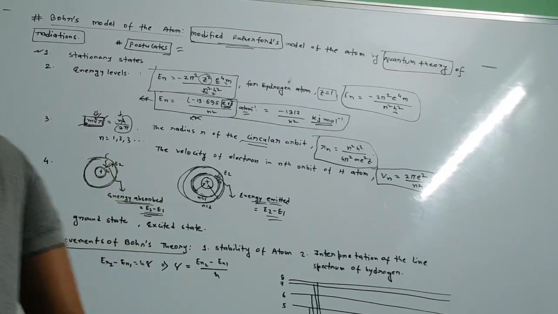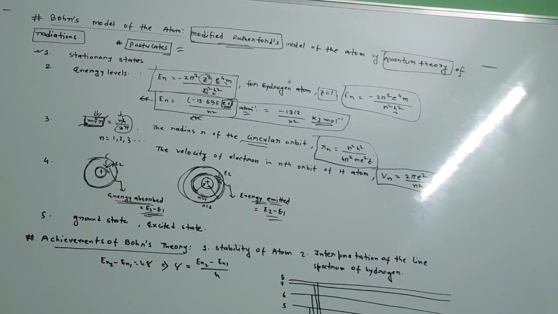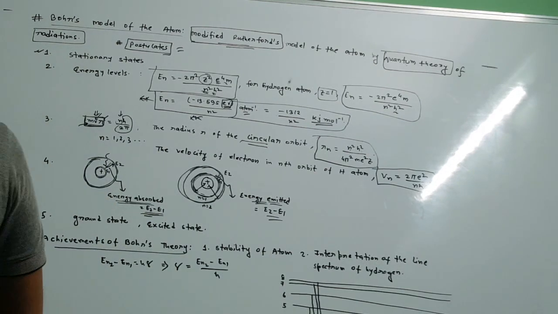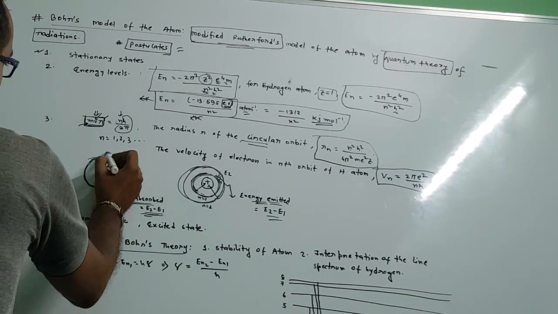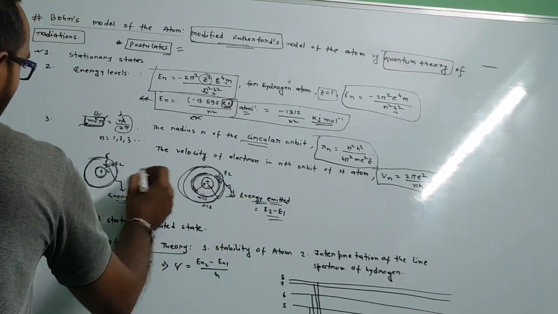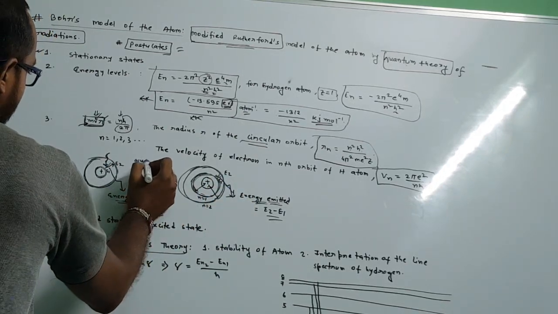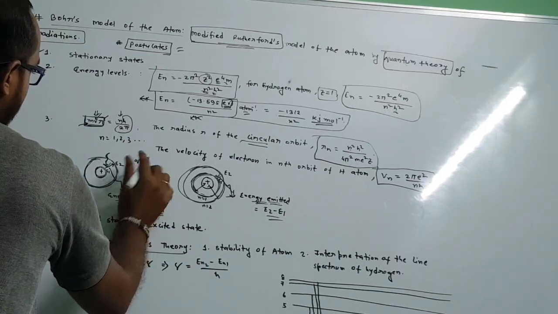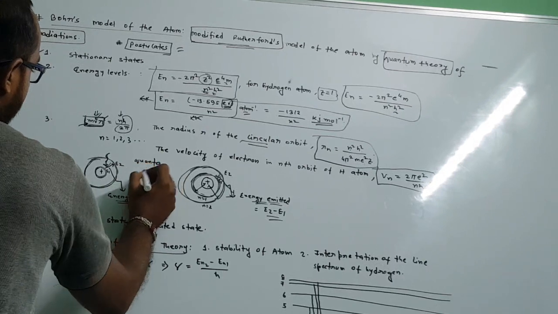Now we are moving forward to its next point, which is its ground state or energy state. Since energy cannot be lost continuously, the energy absorbed and the energy released are all known as quanta of energy.